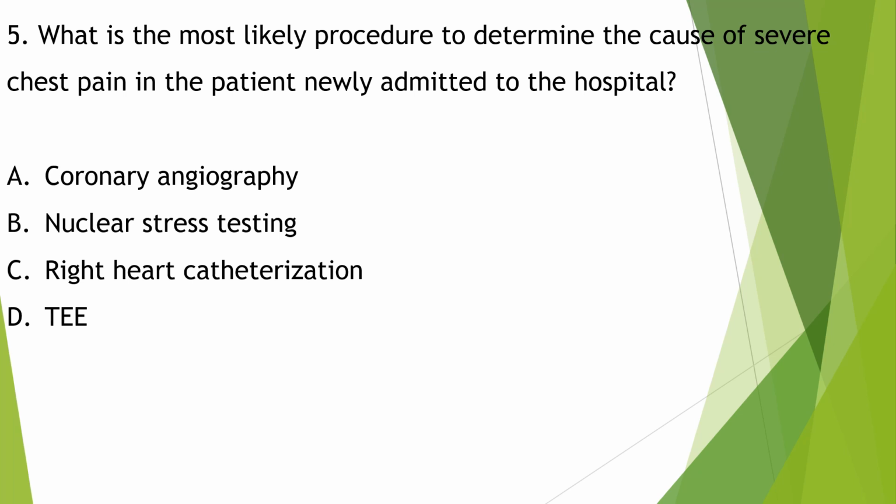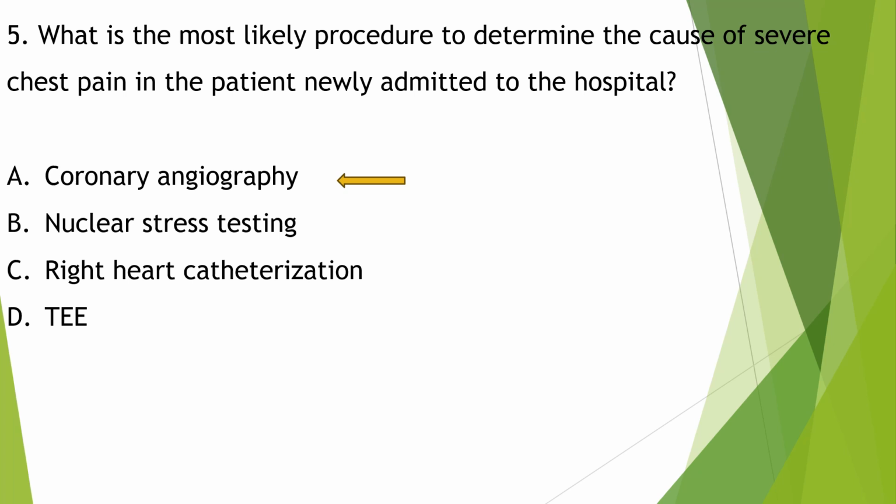Coronary angiography is done to specifically evaluate the coronary arteries. So here, when a patient comes with chest pain, we need to suspect some coronary artery disease, and coronary angiography should be done. Stress testing evaluates the heart functioning during times of increased workload.